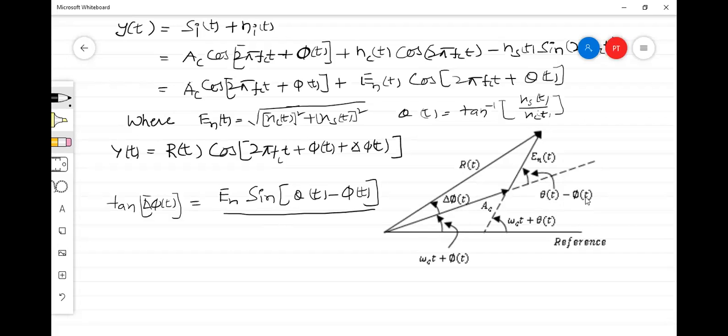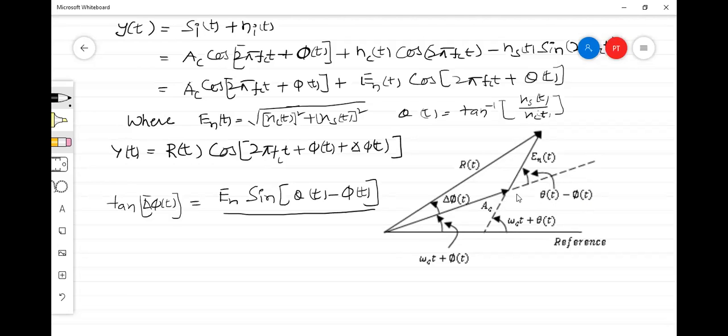the adjacent side. What is the adjacent side? Here the adjacent side has two parts. One part is up to here, it is A_c, and another part is from here to here. You see, one part is the component A_c, and the projection of this one onto this axis is e_n(t) cos(θ(t) minus φ(t)), isn't it? So A_c plus e_n cos of this angle is this component.